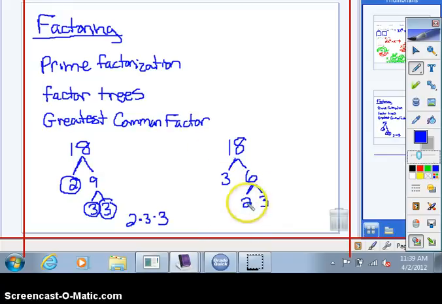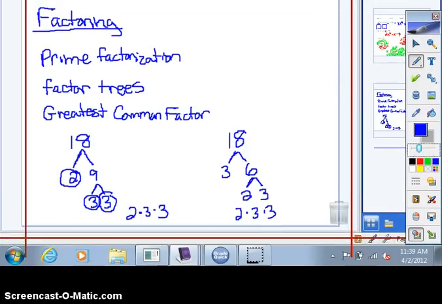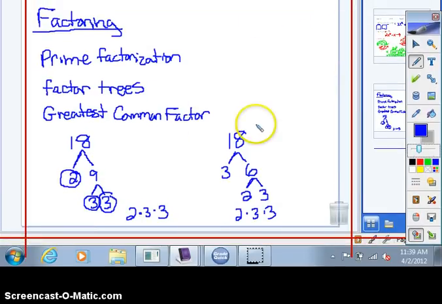I normally write them in smallest to largest, so it is still 2 times 3 times 3. You could say 2 times 3 squared, but I normally write them out. 2 times 3 squared is not wrong, but okay.